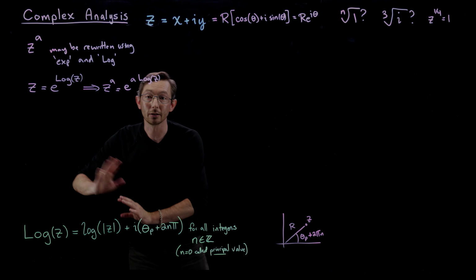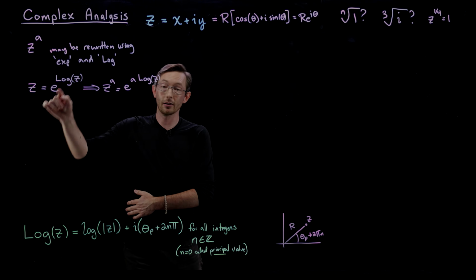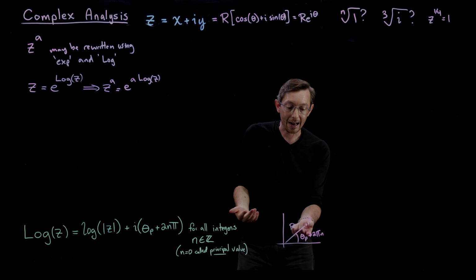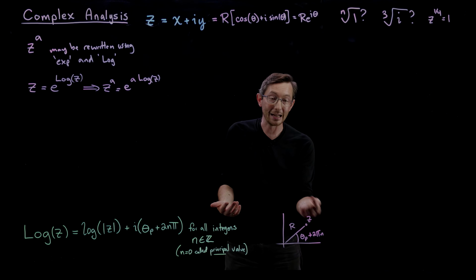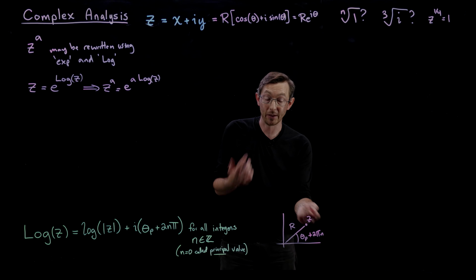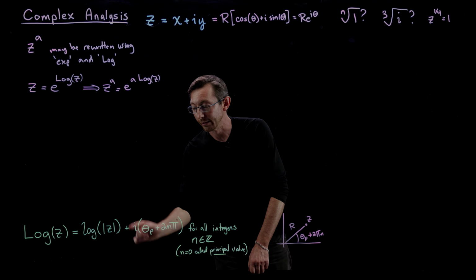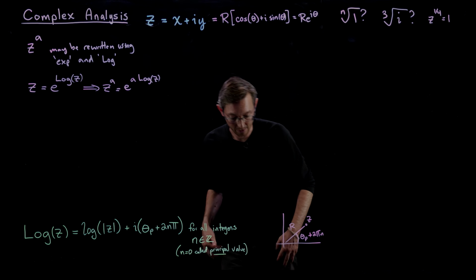But when I compute the logarithm, specifically so that the logarithm is the inverse of the exponential function, now all of those many ways of writing that phase angle in terms of adding multiples of 2 pi are all valid for this complex logarithm.